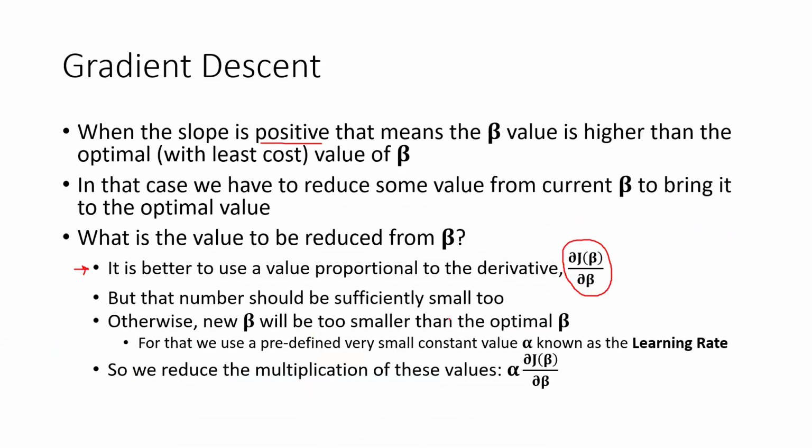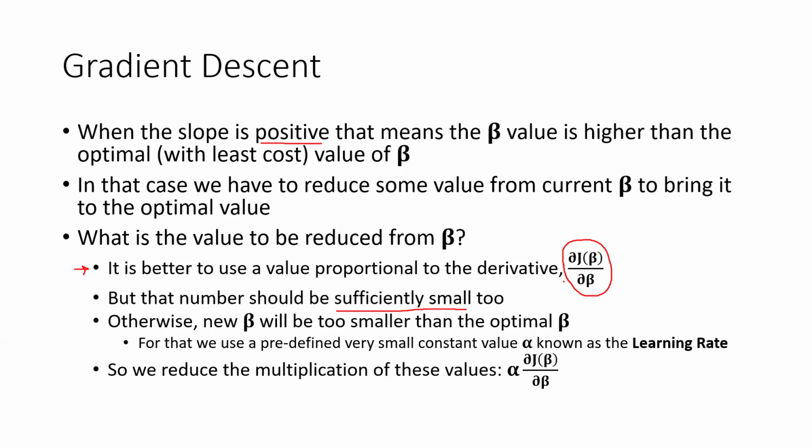So this is one thing that you have to do. But the number should be sufficiently small. Why do I say that? I said that first we can produce a value proportional to the derivative, but it should be small too, right?